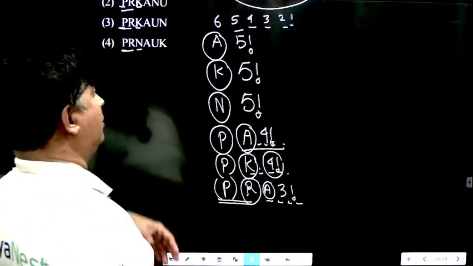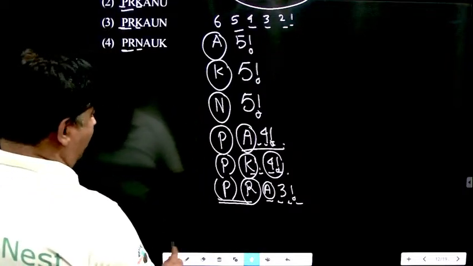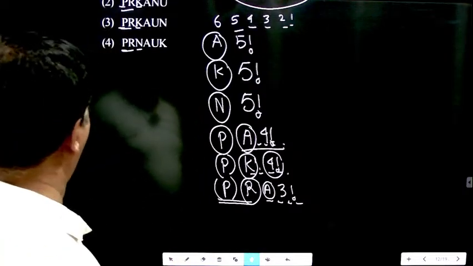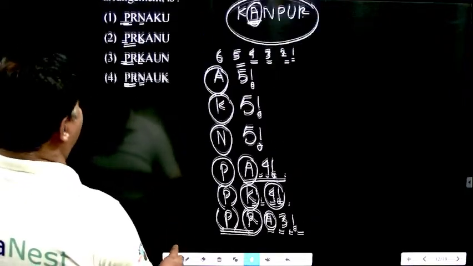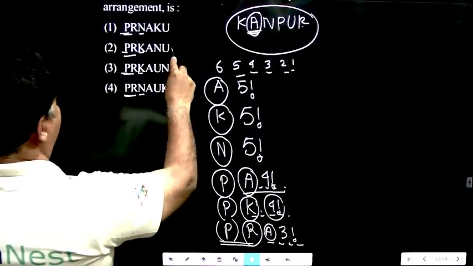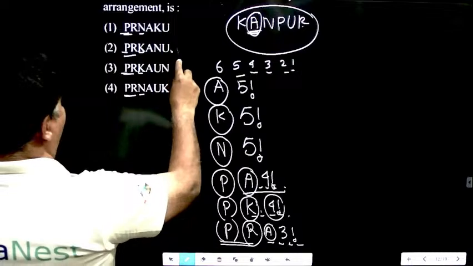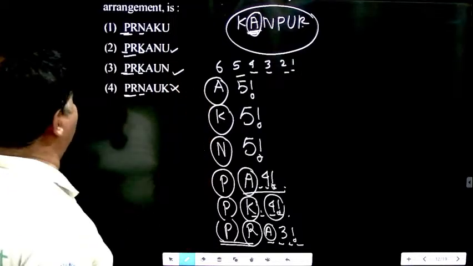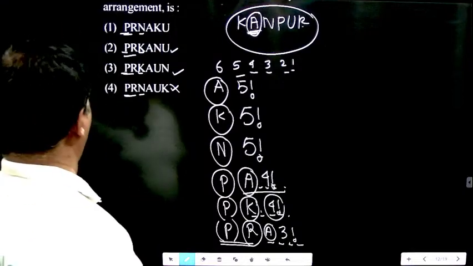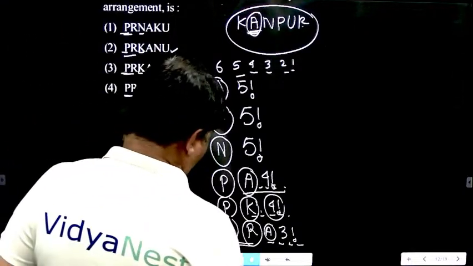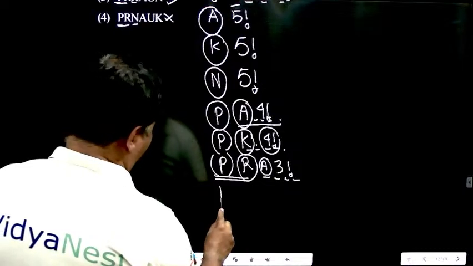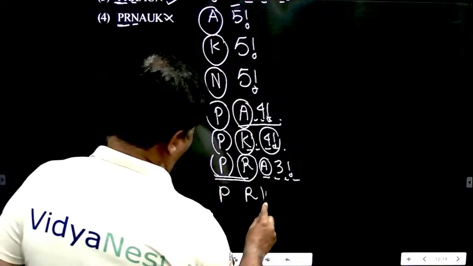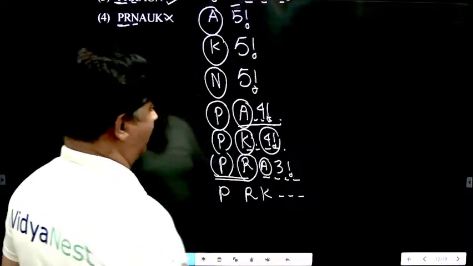Now A is done, what should come after A? K. Is K there? Yes. Here in these two cases, I can get K fixed in the third position. So fix that: P, R, K. 3 places left.